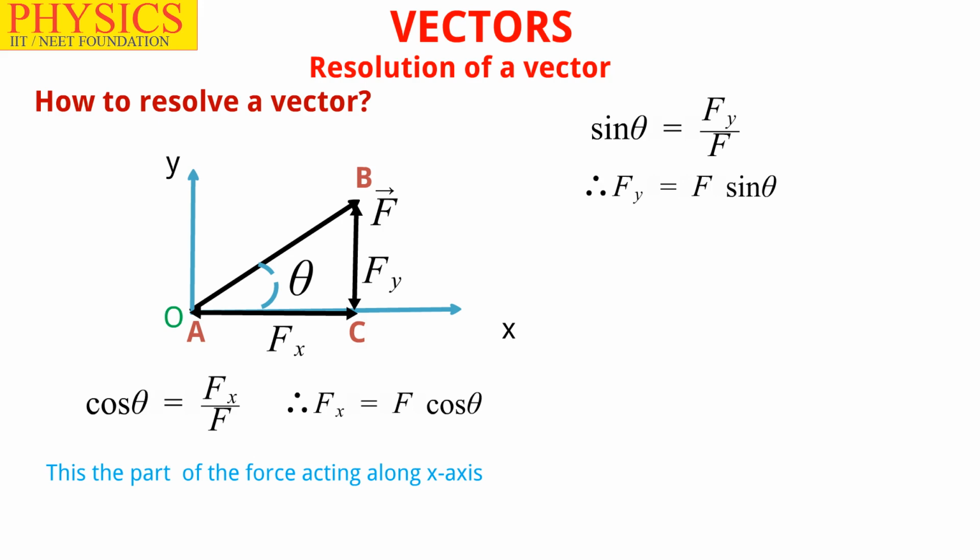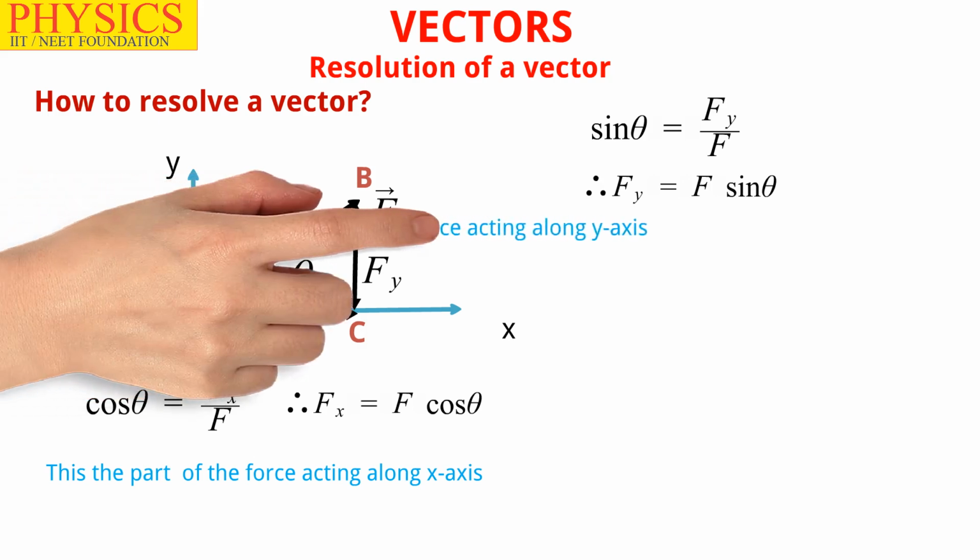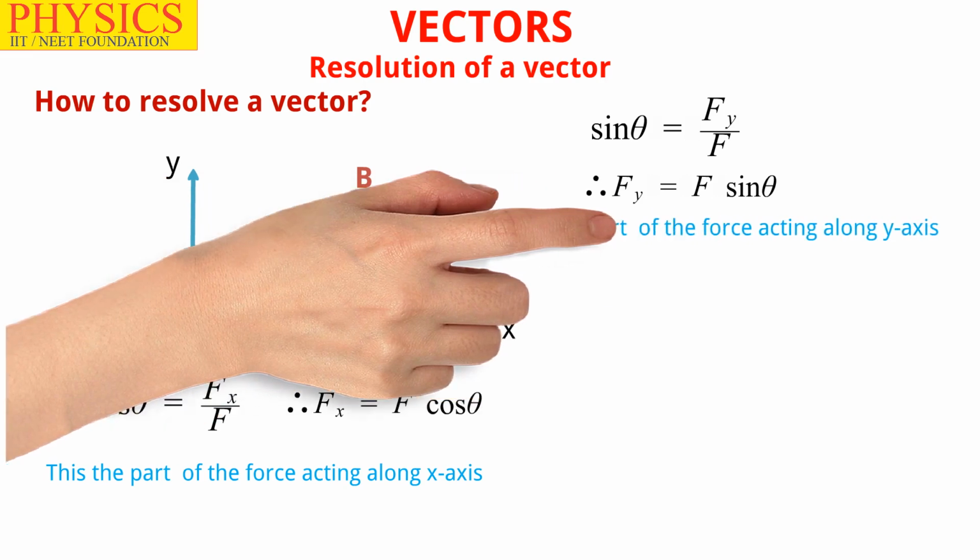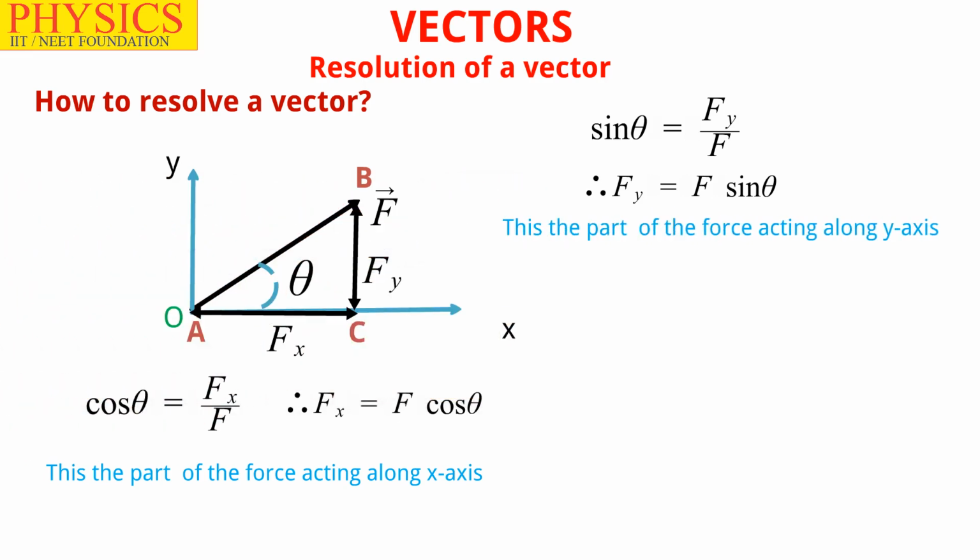So this is the part of the force acting along the y-axis. Understood? So in this way the force F is divided into two smaller vectors. One is along the x-axis, another one is along the y-axis. Here fx and fy are the magnitudes of the vectors.